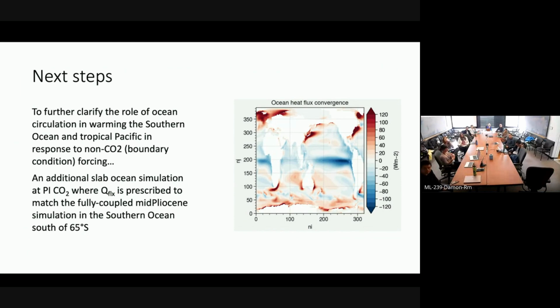I also wanted to see if it was the cooling in the Southern Ocean that then gave way to the equatorial Pacific response, to clarify that relationship. Yeah, thanks. Thank you.